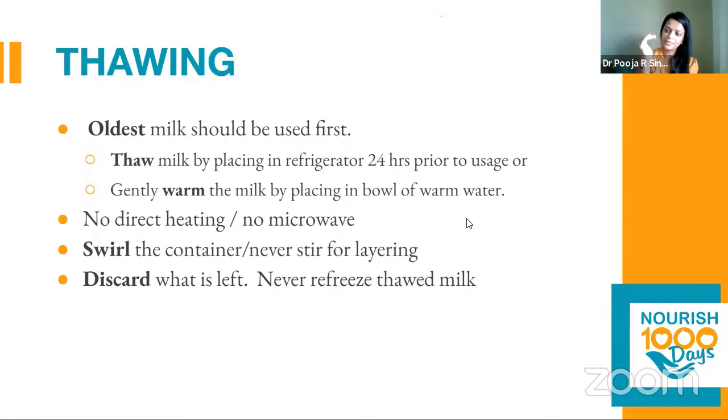Okay, so from the freezer you bring it down to the refrigerator. Then if you're not going to use it immediately, you can again from the refrigerator keep it at room temperature for about 2 hours, so that the temperature comes to room temperature, and then we are able to feed the milk.